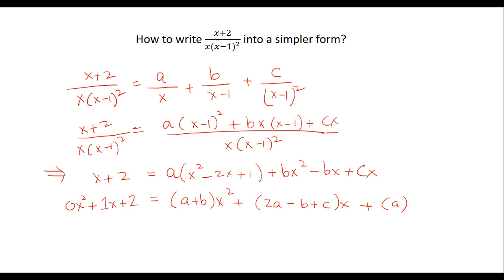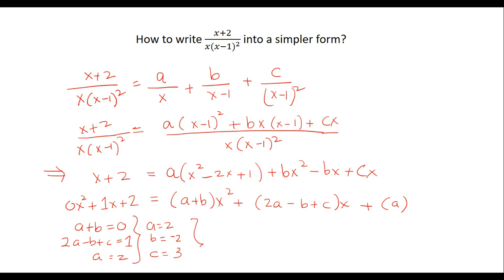Because you know 0 multiplied by x is just 0, everyone knows that, but I also put this one because I want you to see why I put A plus B equals 0, and 2A minus B plus C equals 1, and then A equals 2. I think you already get that. Once you have A equals 2, the rest just fall in place. So my B now becomes negative 2, and my C now becomes 3.